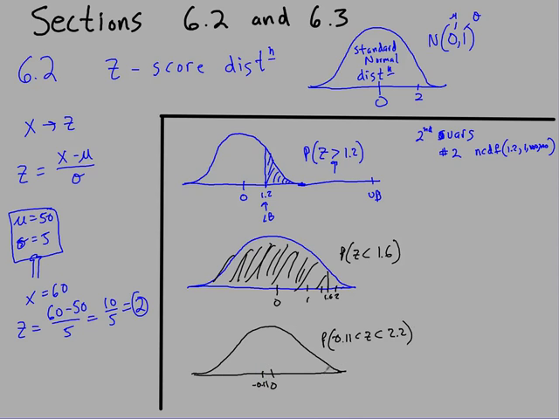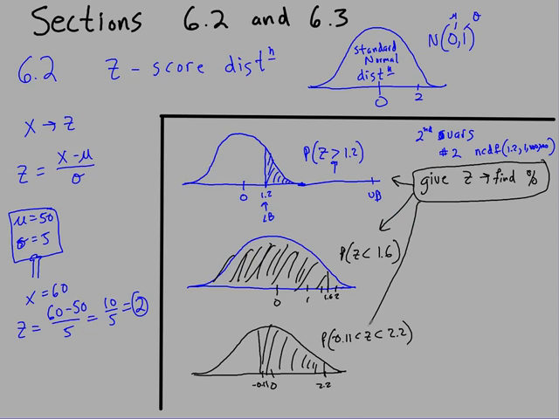And here's 2.2, so it's pretty far from the 0. So I'm looking for this shaded region right here. Okay, so these are the three ways. If I give you a z, you could find an area, or you could find a percent. That's the three ways that you need to be comfortable with.